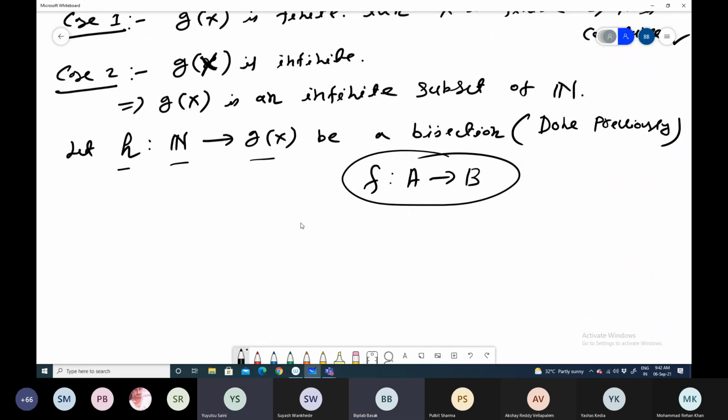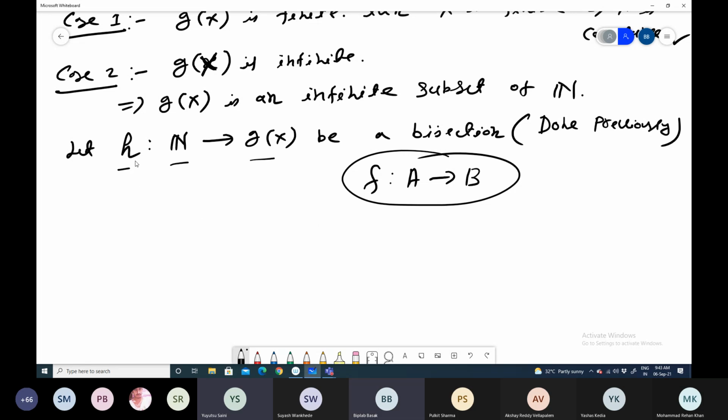Sir, here it's not important that every natural number is mapped to GX. It is not necessary that every natural number is mapped to GX, because we have taken the minimum of the set of natural numbers.